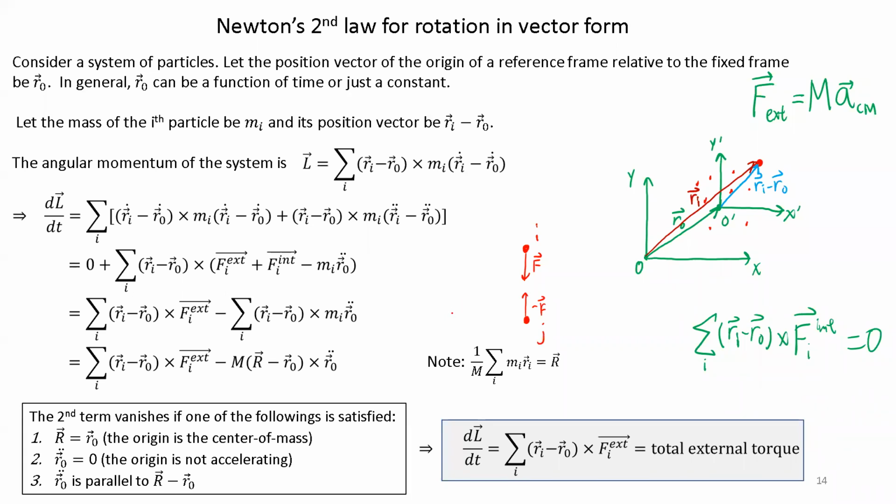And therefore, here is the O prime. And over here, I have the Ri minus R naught. And over here, I have the Rj minus R naught.